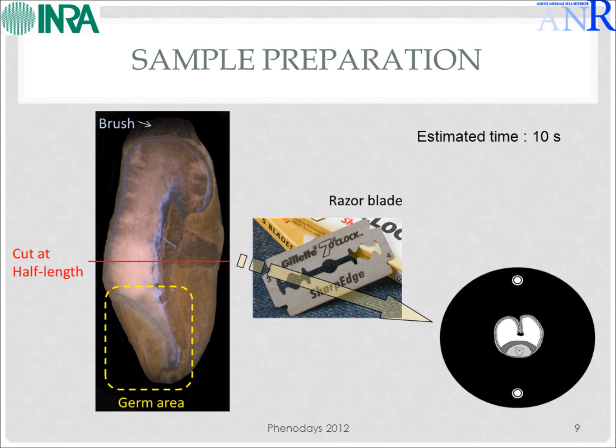The sample preparation step is fast and easy because the kernels were cross-sectioned at half length with a razor blade, because in this study the kernels at early stage of development are not solid. This is the only way to cut these kernels.